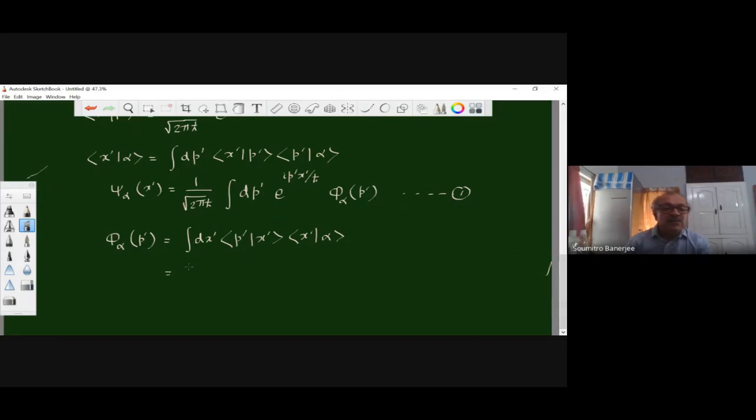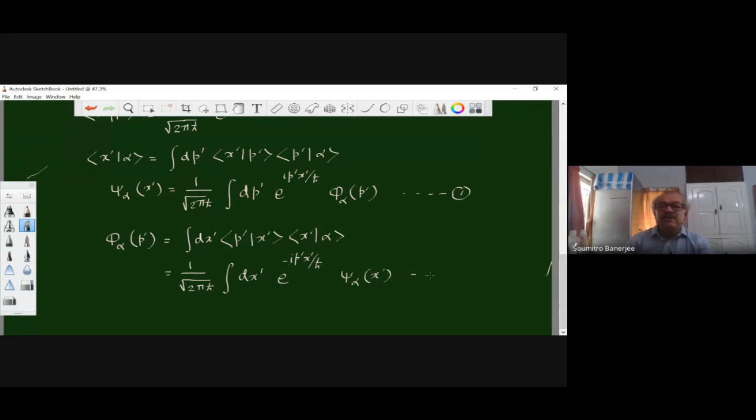If you now substitute that, you get 1 by root 2 pi h cross, integral of dx', e to the power minus i p' x' by h cross, and then psi alpha in the x basis.